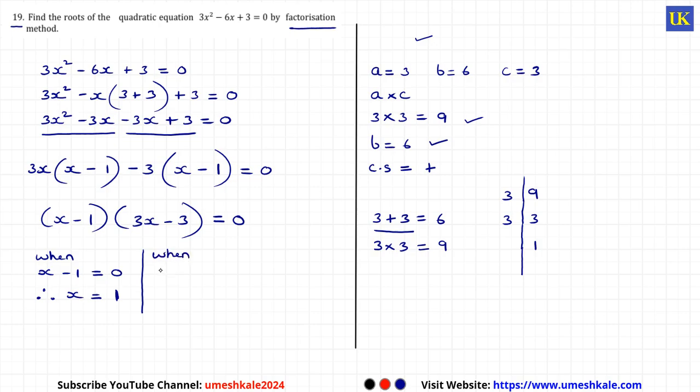When 3x minus 3 is equal to 0, minus 3 when it goes that side will become plus 3, and 3x is equal to 3. They will send this 3 to the other side, it will become division, 3 ones are 3, 3 ones are 3. Here also what we are getting is x is equal to 1.